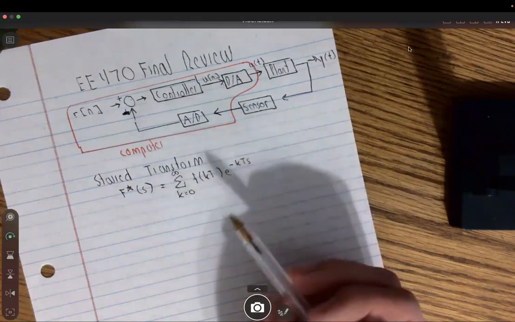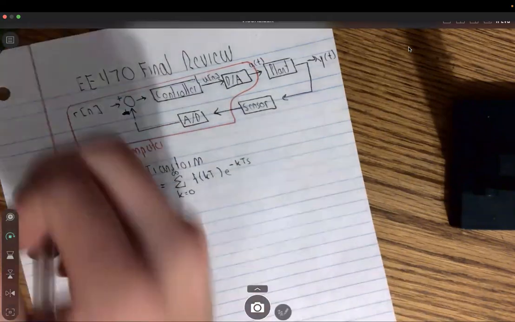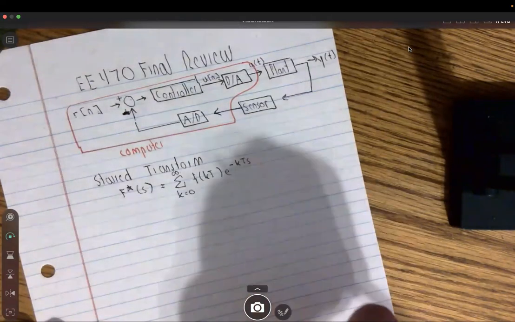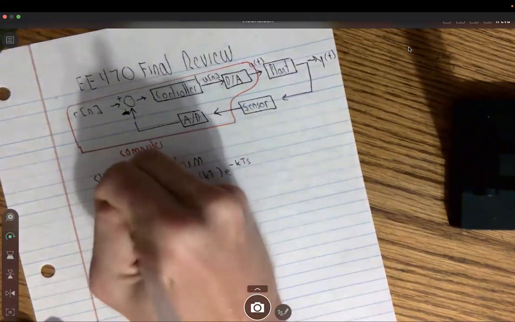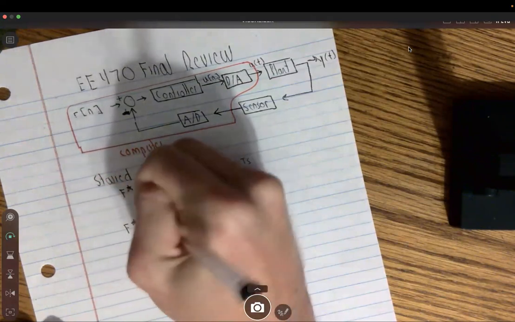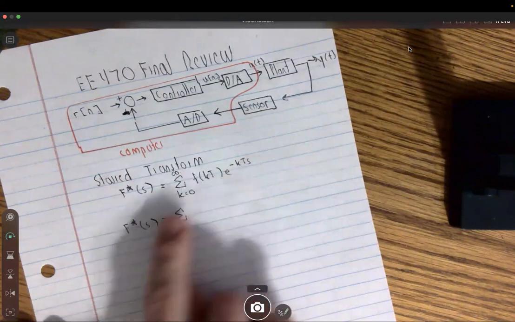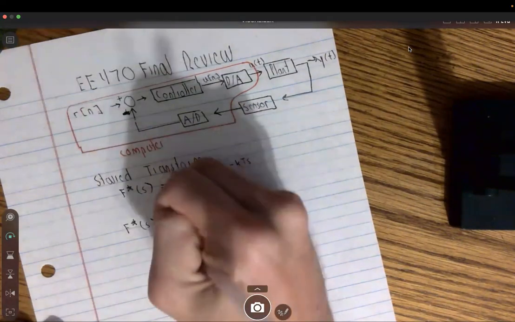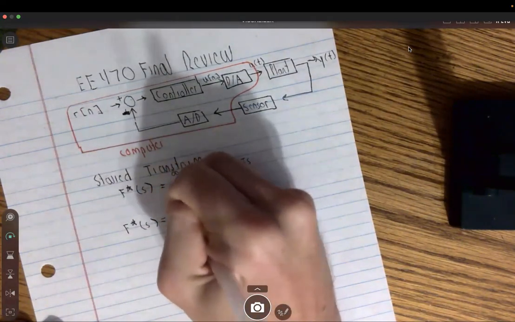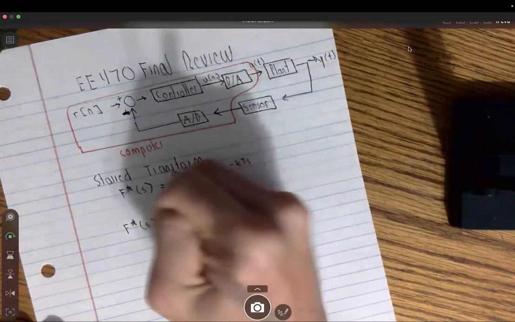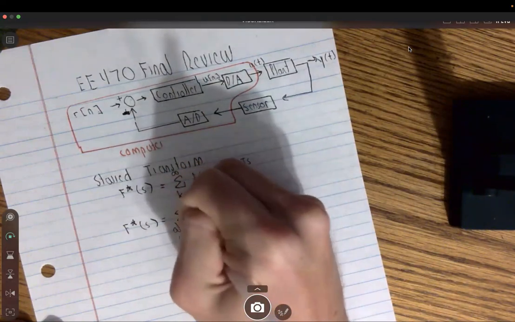We're also going to see the star transform can be written in the following format. It's not only that type, but also this summation. If this one doesn't work for you, you can use this alternative, so make sure you have both. It's the sum, at the poles of F lambda, of the residues of F lambda times 1 over 1 minus e to the negative T(s minus lambda).